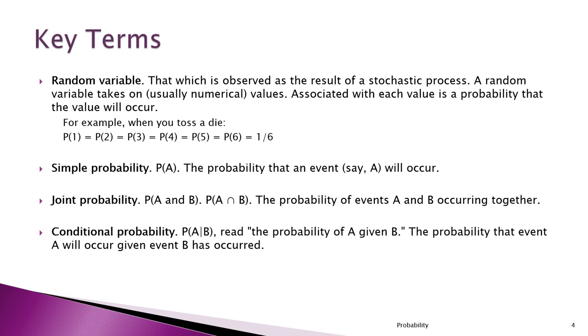A conditional probability is the probability of an event where we have some information about some other event having occurred. So if we know that B is true, and we're asking about the probability of A, that's a conditional probability. It's the probability of A, given that we know B has occurred.